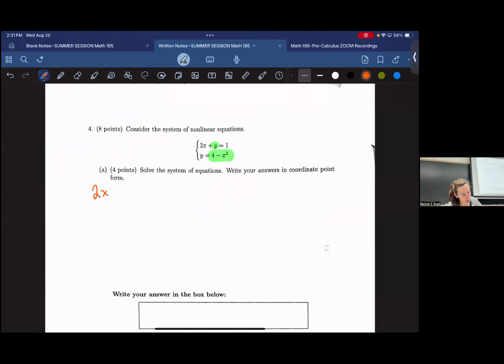So we have 2x plus 4 minus x squared is equal to 1. Let's simplify. So we end up with negative x squared plus 2x plus 4 equals 1. And I'm actually going to bring everything to the right-hand side so that our leading coefficient is positive.